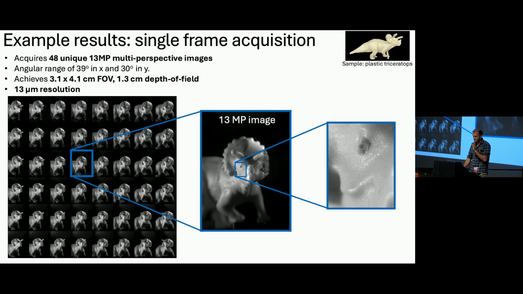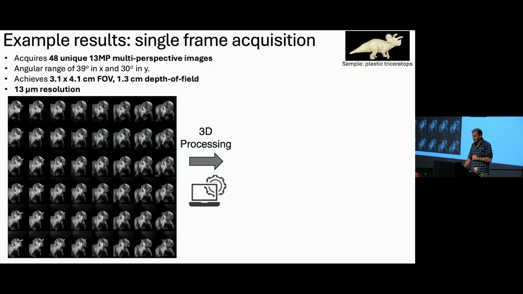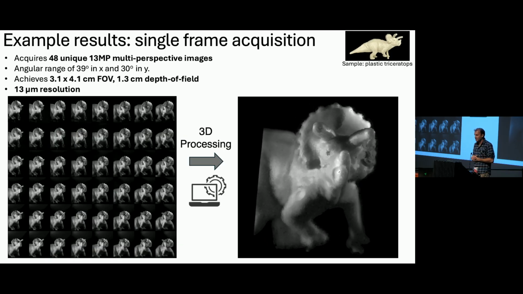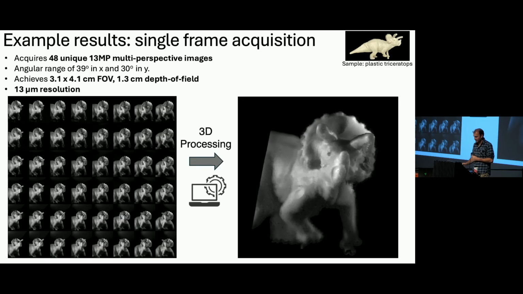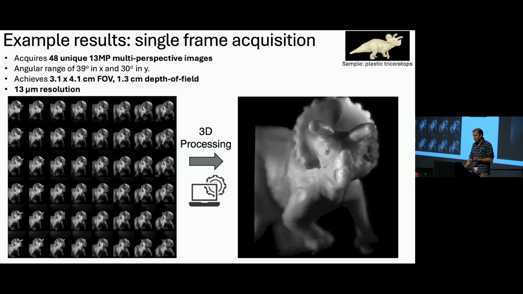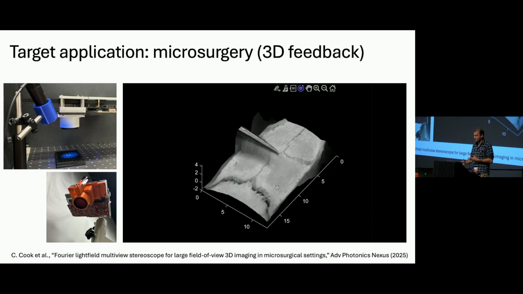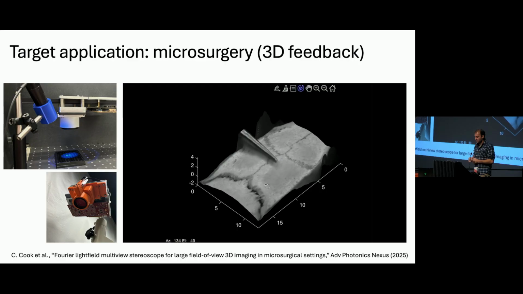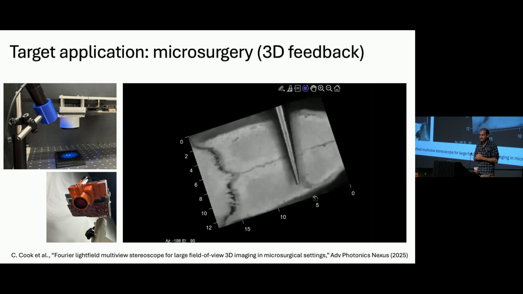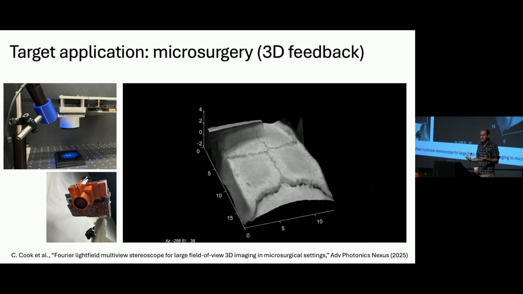And so we have 48 13 megapixel images, all from different angles, and naturally we can put those together into 3D composites. A great application of this is in surgery. So we're working with surgeons to use our 3D imaging technology to help them with their tasks that require a microscope.